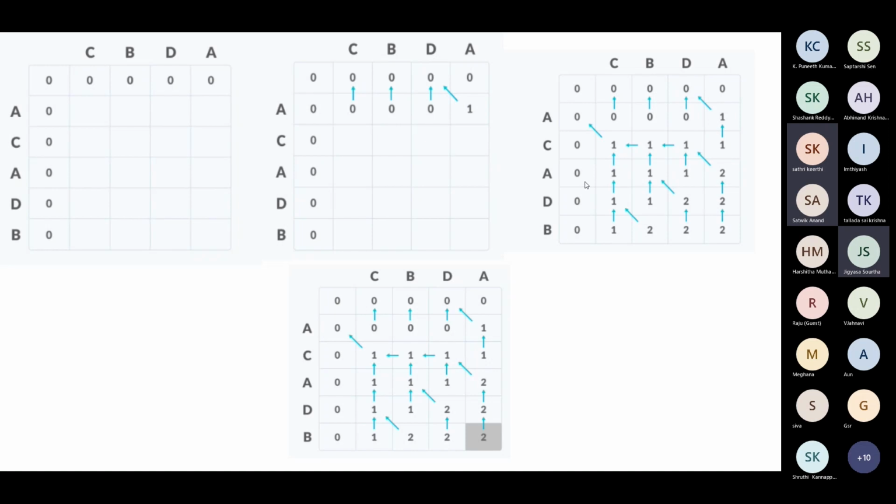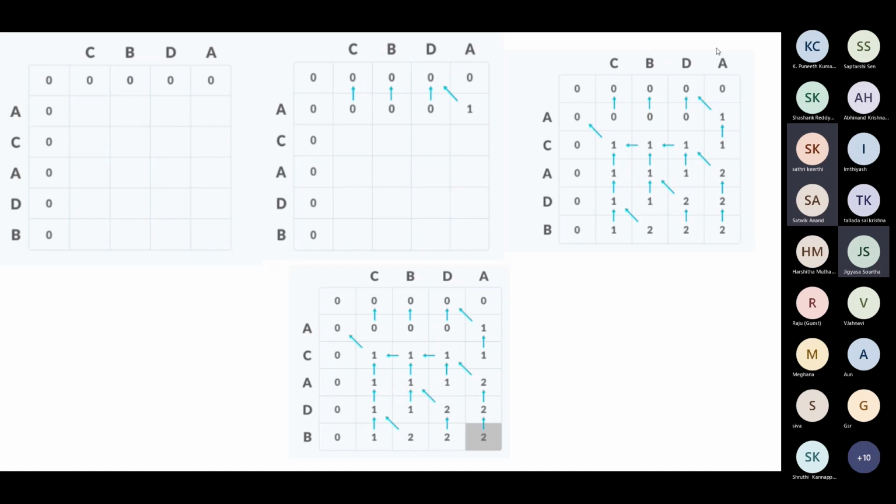Similarly, in the fourth row, last column, A and A are equal, so you see its diagonal element and add 1 to it, and this is how you get 2. And so it goes on.